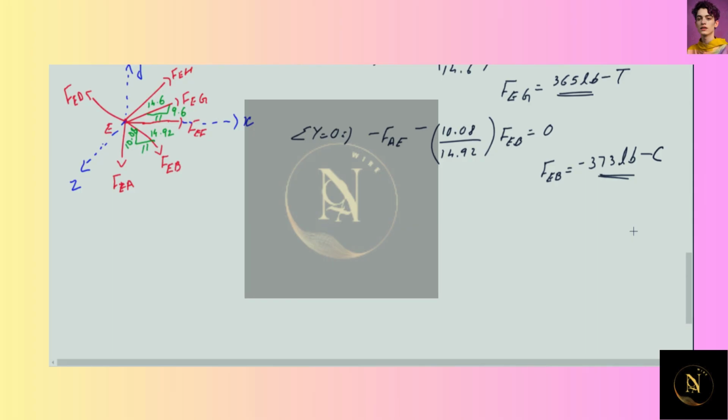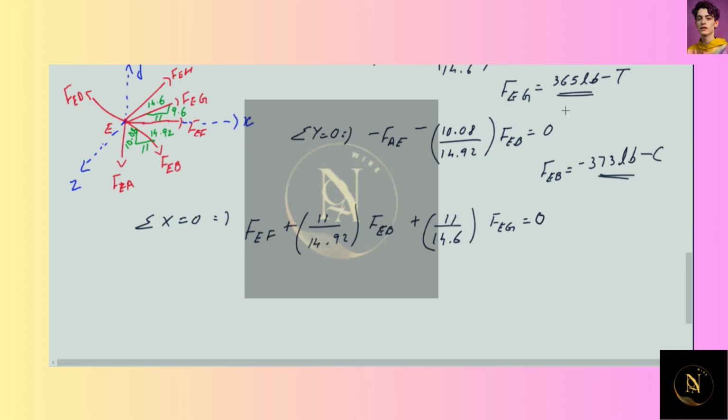Now summation along X equal to 0 gives you FEF plus 11 by 14.92 times FEB plus 11 by 14.6 times FEG equal to 0.